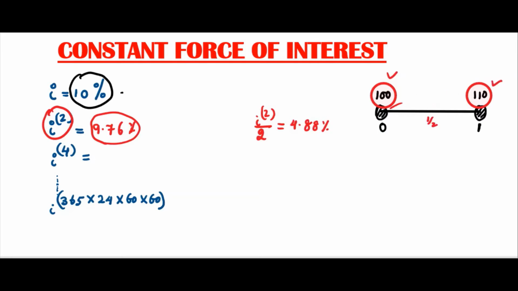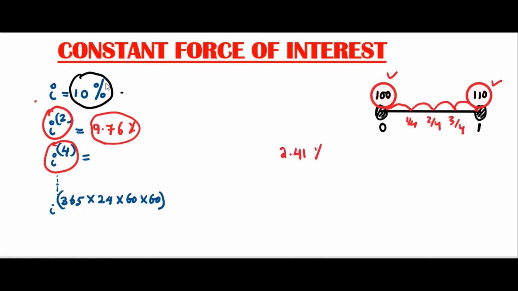Similarly, if you deposit money and your money is compounded 4 times, 1 by 4, 2 by 4, 3 by 4, 1, and you get an interest rate of 2.41% per quarter.